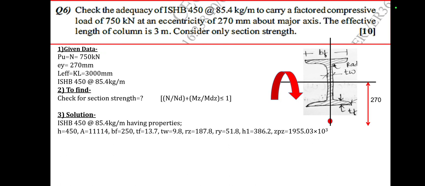The solution, the first part is we have to write down the properties of the section. From the steel table, we got the value of H as 450, A, that is area of the section, as 11,114 mm square.